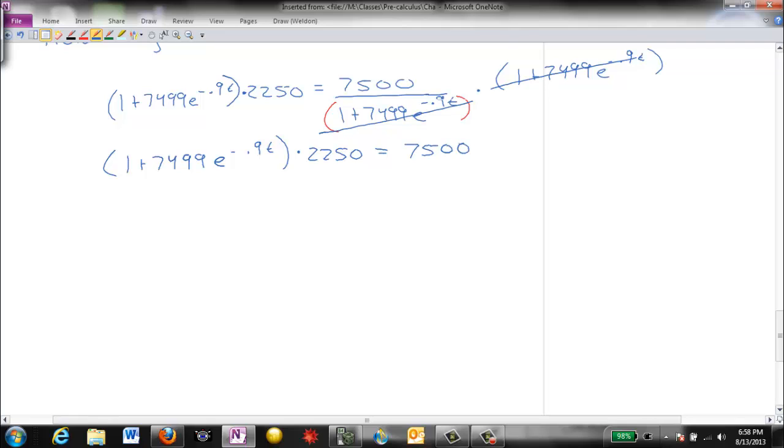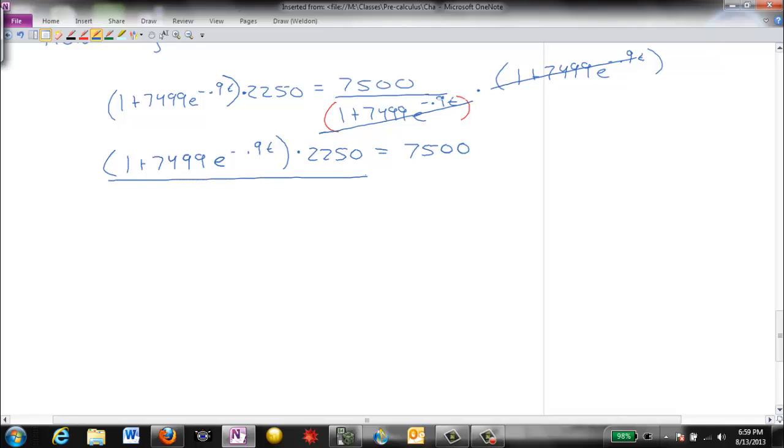And voila, I no longer have a nasty looking fraction that I have to deal with. I do want to start getting t by itself. T's over here on the left-hand side, so I'm going to start moving everything away from the exponential part of this equation that I can.